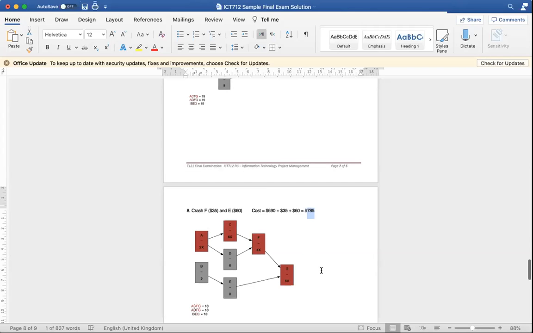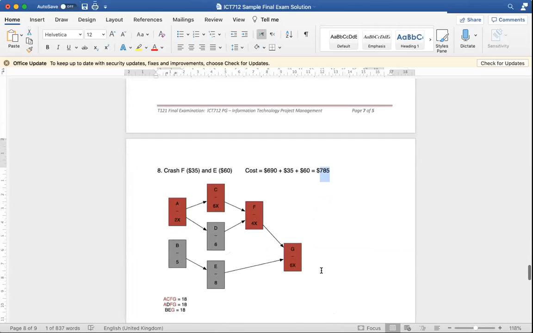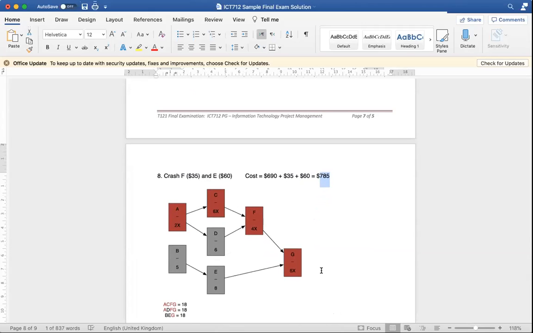But what you notice here, when I reach 18, can I actually crash anything anymore, or is that done? You can crash D and B, sir. Arif, can I crash anymore?